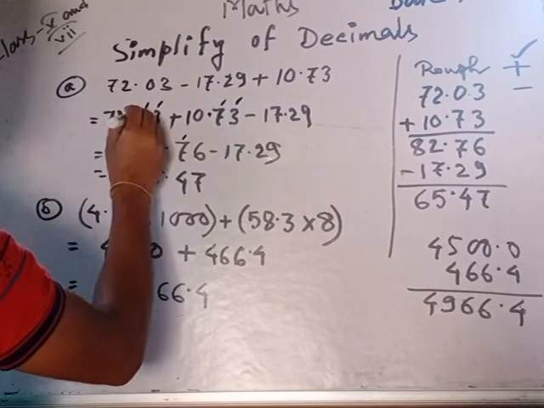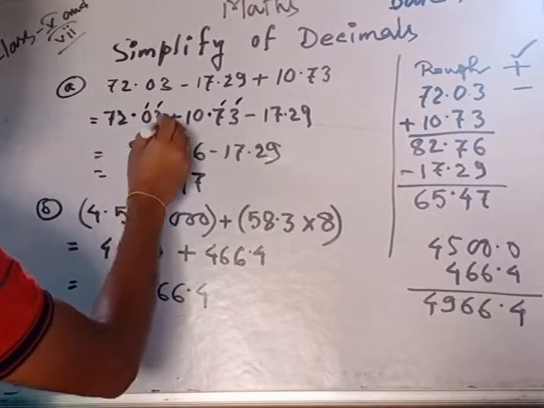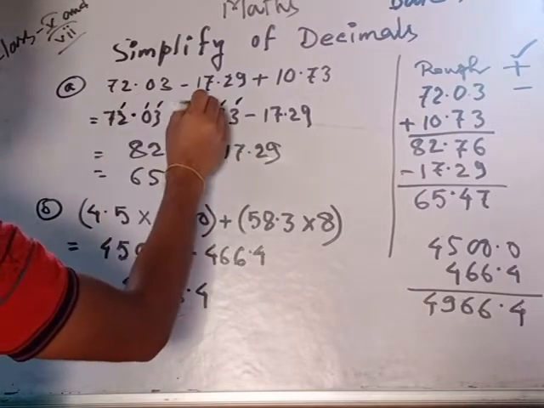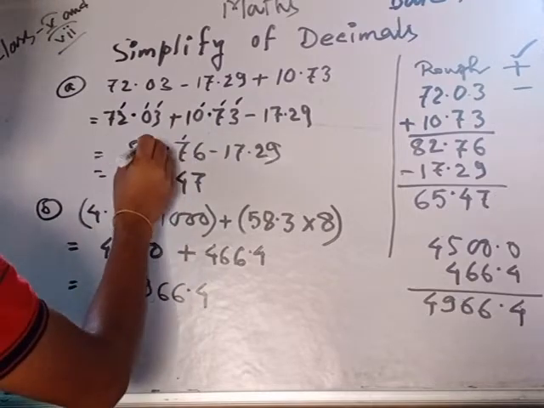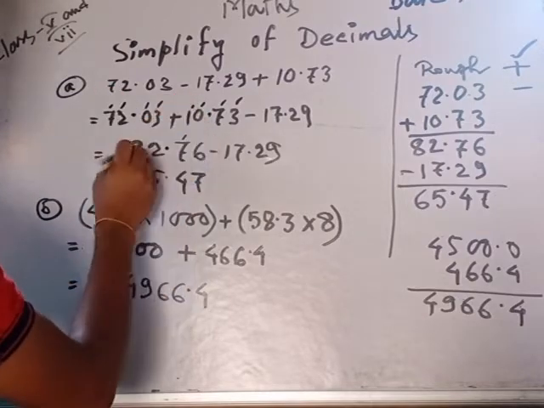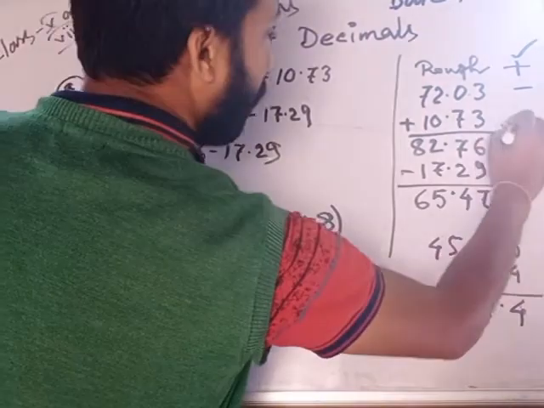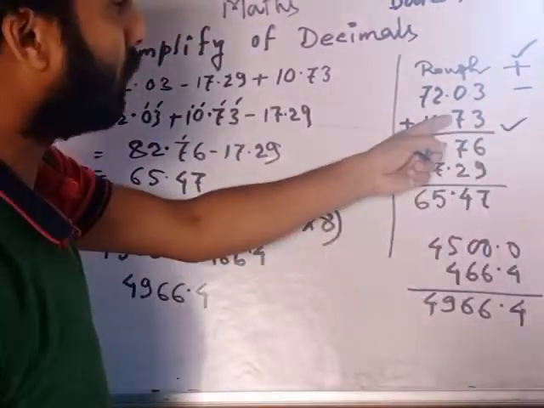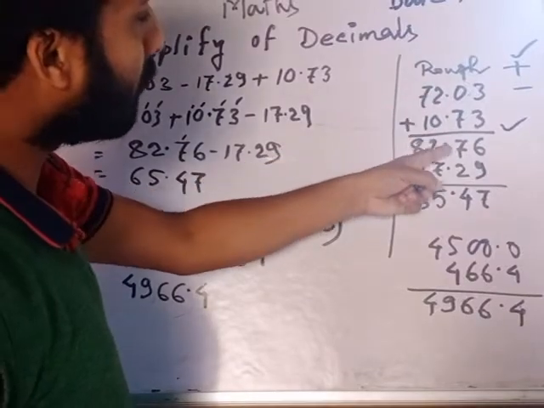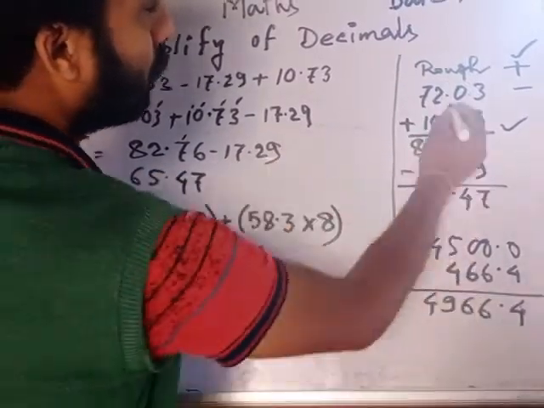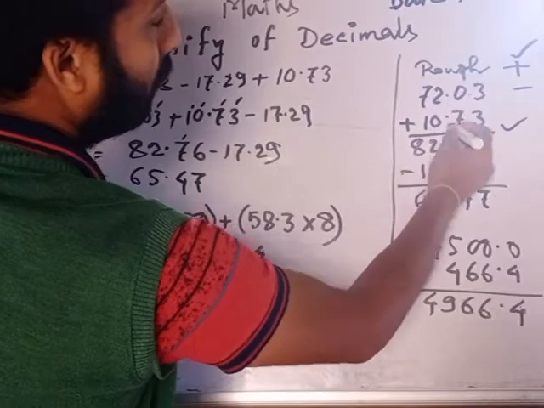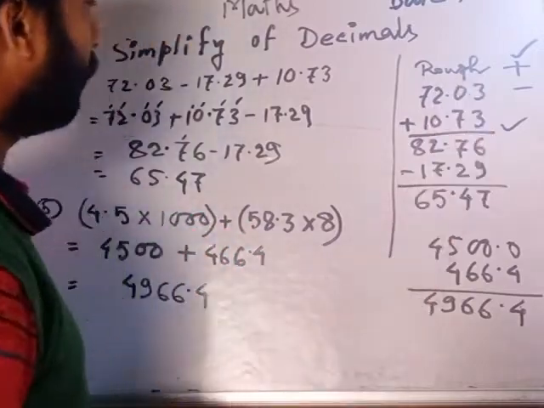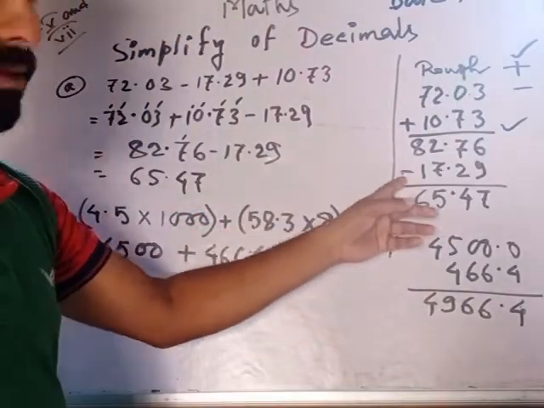After that comes the point, so we should write the point here. After the point it is 2 and 0. 2 plus 0, that is also 2. 7 plus 1, that is 8. Also you can use this process. 3 plus 3, that is 6. 7 plus 0, that is 7. After that you should put the point in the same column when you add or subtract the numbers.